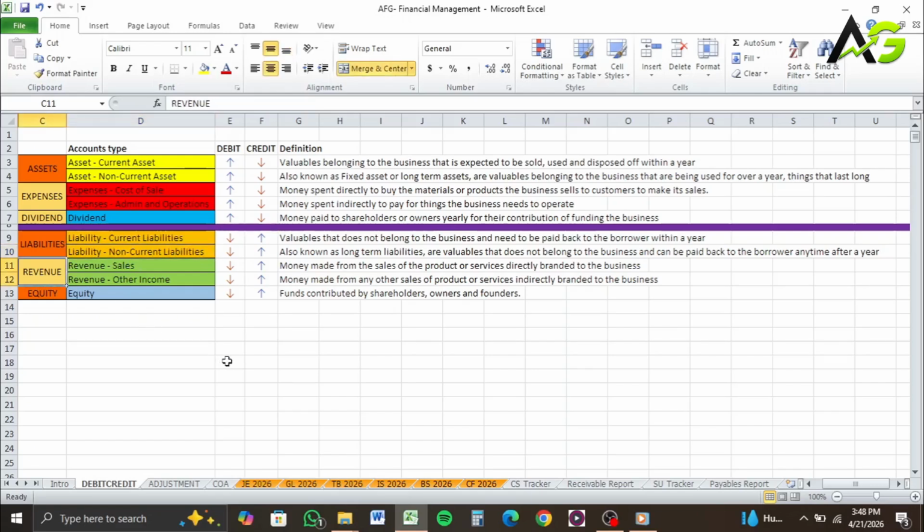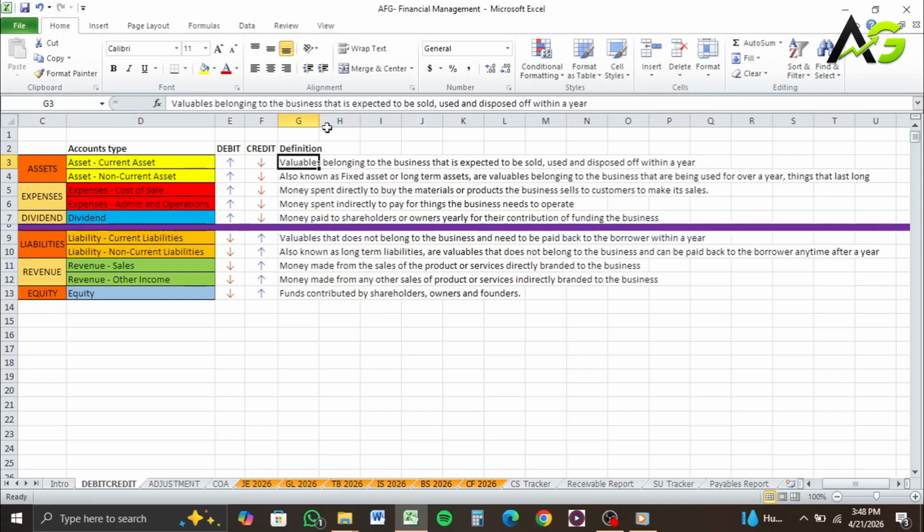Now there is also revenue. Okay, there is sales revenue and other income. We also have equity. Equity basically is just the money contributed by the owners. Okay. So now let me define each one of them one by one.